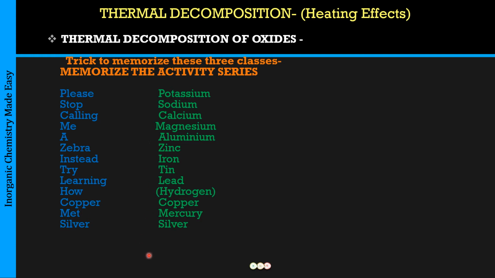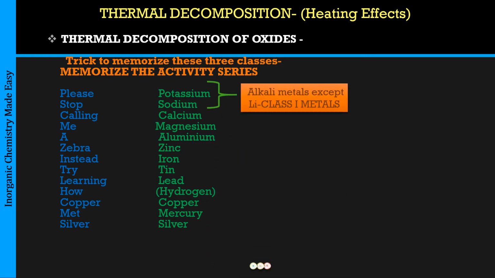If you know this activity series, on the top you can see sodium and potassium. These are the alkali metals, that is the group 1 elements. Therefore, what you have to remember is that all the alkali metals except lithium will be forming the class 1 metals. So the top two and the rest of the alkali metals remaining, which will be cesium and rubidium, because you have to exclude lithium, and francium we do not put into the discussion.